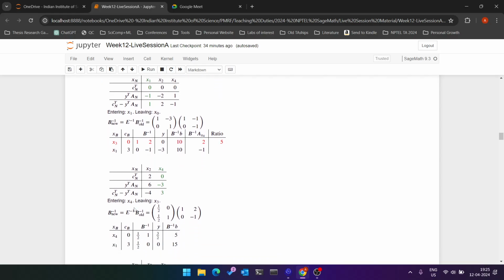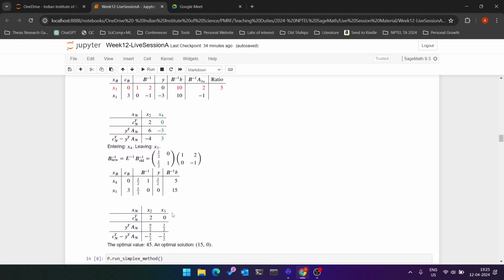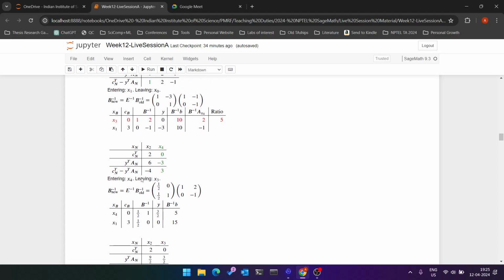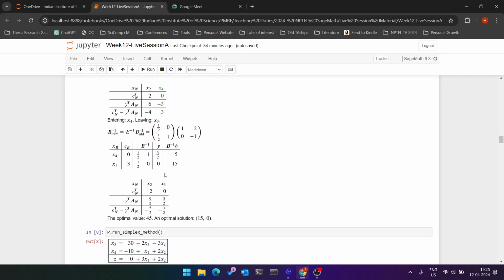Same process, I get another value of the reduced cost coefficient. So the first reduced cost coefficient was a mix of positive and negative. The second one is also a mix of positive and negative. So I again go through another variable x4 and exit through x3 to obtain a third cost coefficient value.